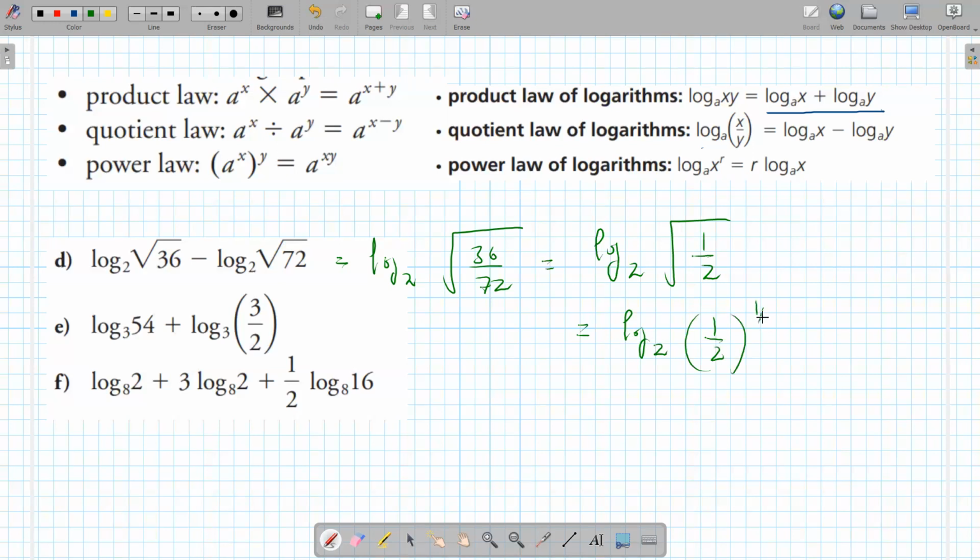So that root becomes to the power of 1 over 2. Next, I'm going to move this 2 up there. So this becomes log of 2. If I move this 2 upstairs, what does it become? To the power of -1. And then 1 over 2. Can this 2 and this cancel out?